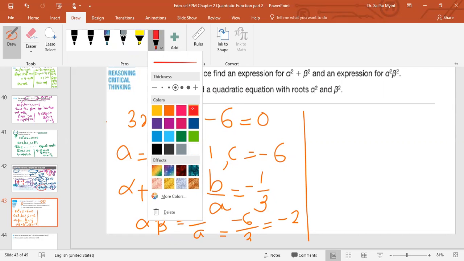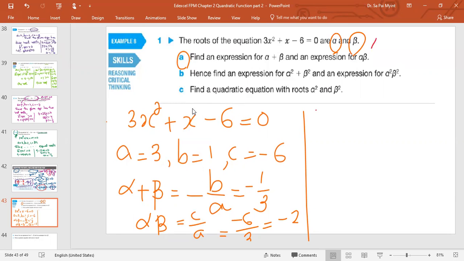Which formula? a plus b the whole squared equal to a squared plus 2ab plus b squared. You need to remember this one.